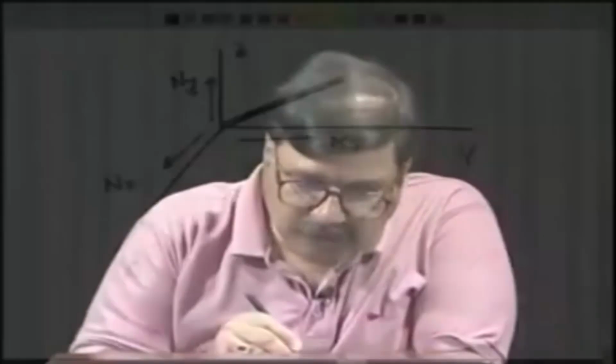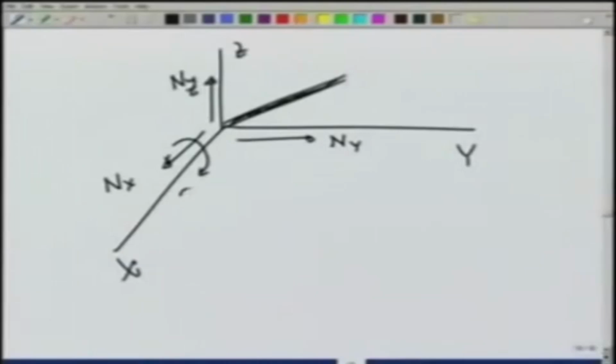Since it is fixed in the wall, using arguments that we use in say 2 dimensions, it can also provide a torque about the x direction, a torque about the y direction, and a torque about the z direction.